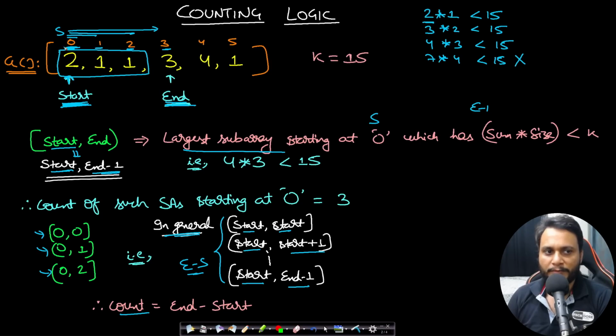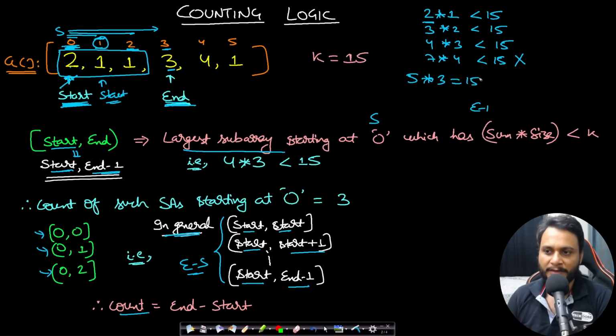Since I know that from 0 to 2 we have a valid window, we will be sliding this start point to the right hand side in such a way that I will now find the largest subarray starting from 1 which is valid. In this case, if you try to include this 3, then the total sum is going to be 5 and the length is 3.